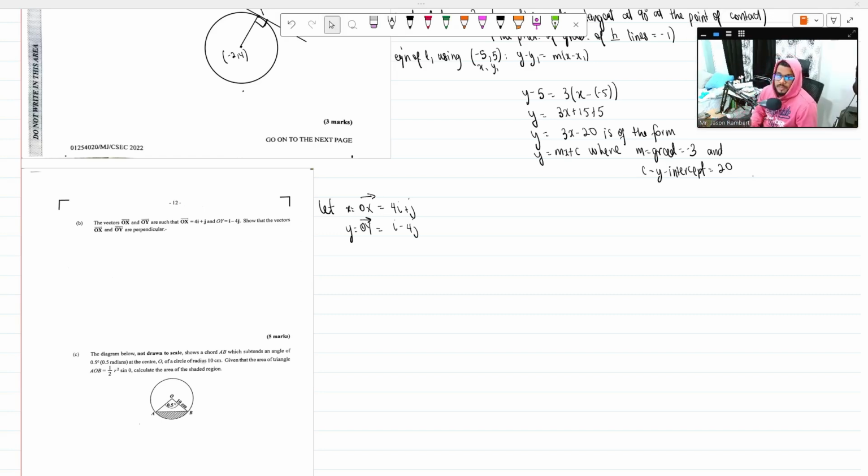So if the vectors are perpendicular, their dot product is equal to 0. So I have x, I have y. I'm just going to change these things into column vector form. So I could say x is equal to (4, 1), and y is equal to (1, minus 4). So if x dot y is equal to 0, x and y are perpendicular.